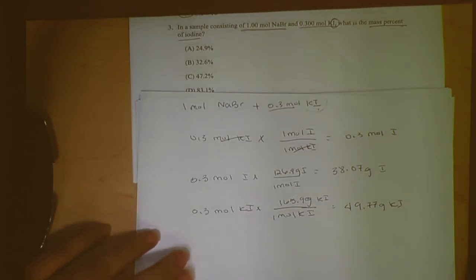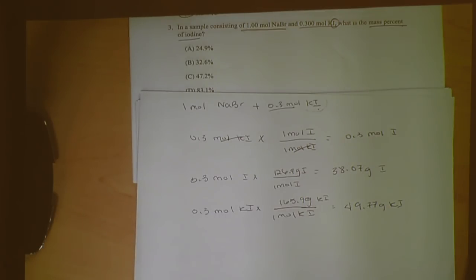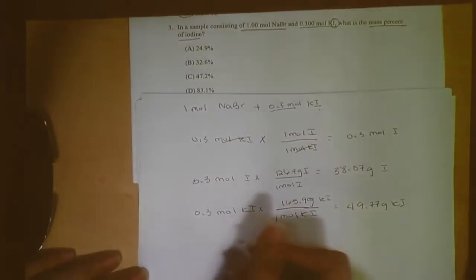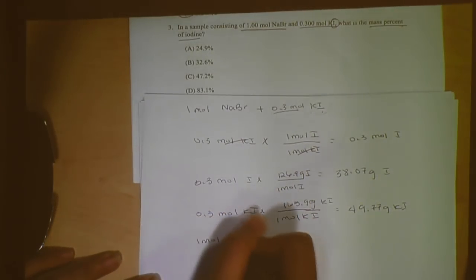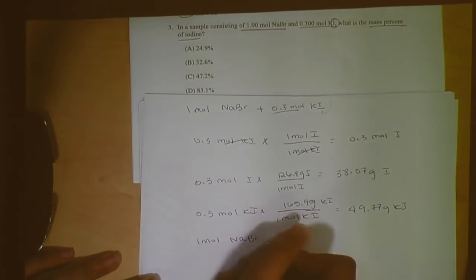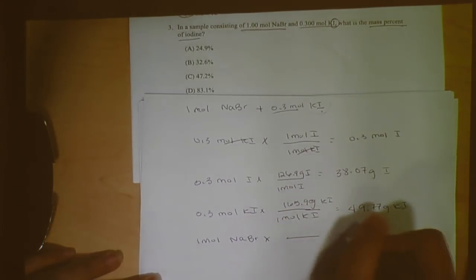But again, the sample consisted of NaBr and KI. So I have to also find the molar mass of NaBr. So I have 1 mole NaBr, and I need to convert that to grams NaBr.